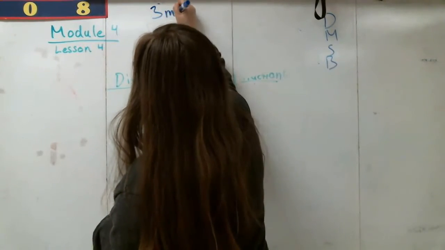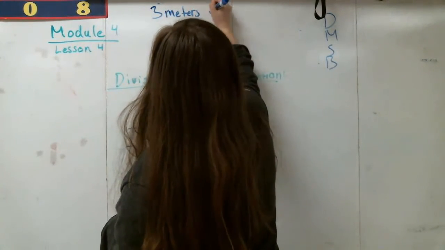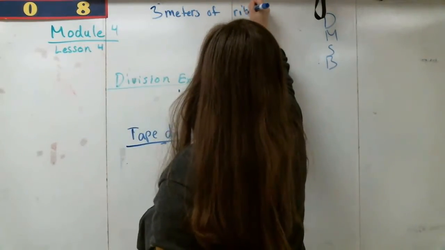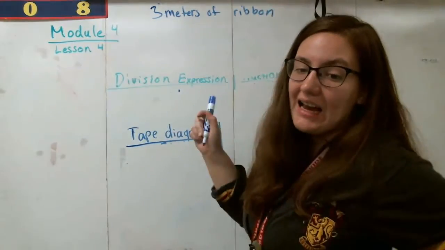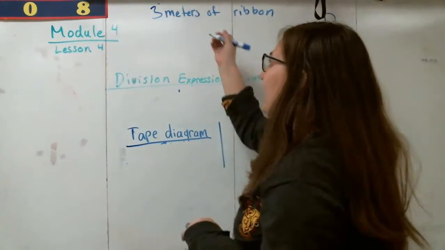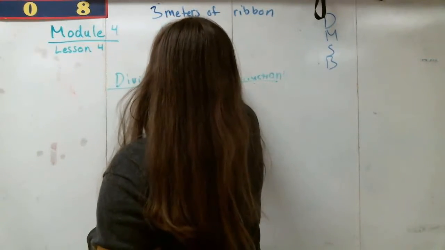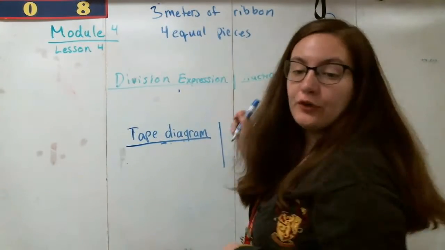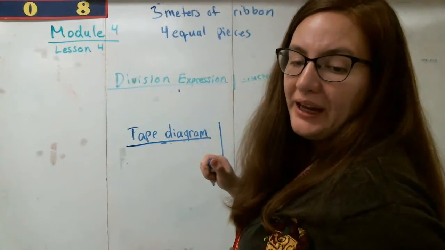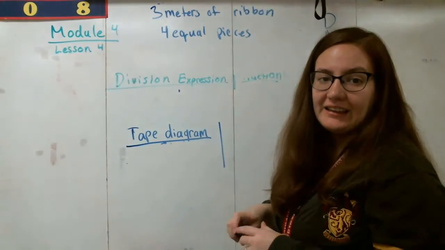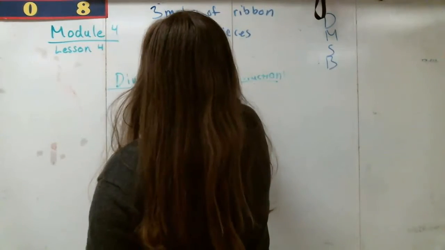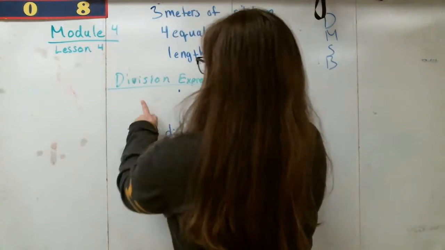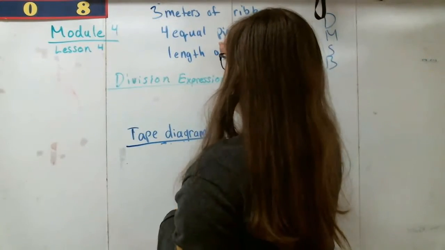We have 3 meters of ribbon, and it says that it's cut into 4 equal pieces to make flowers, and we want to find the length of each piece. So to do this, we're going to, again, make our division expression.